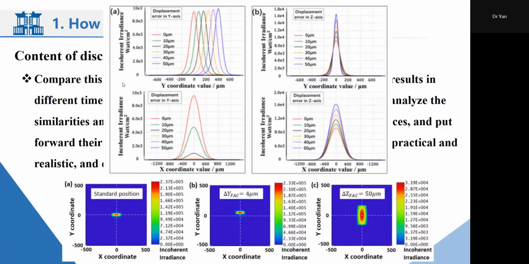The x-axis is the y coordinate value in space, and the y-axis is the incoherent radius of the line.